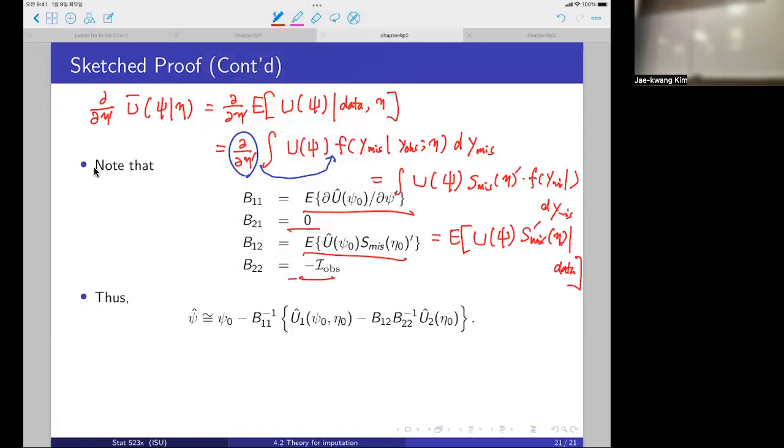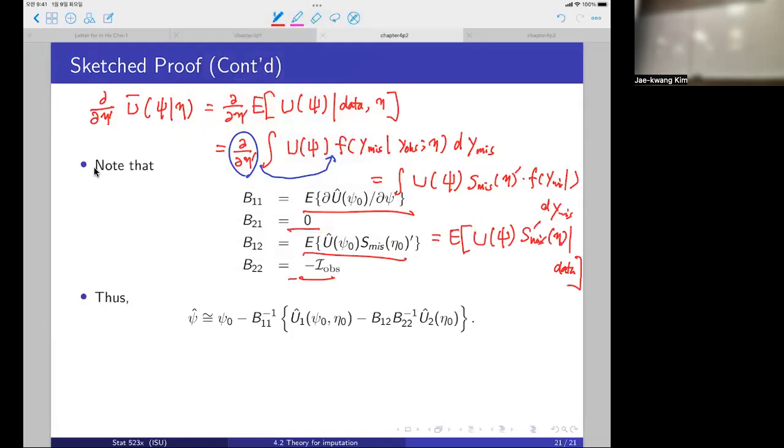Why? Which line? In terms of eta naught, why eta naught? B12, then eta naught. So it's psi, eta naught, right?